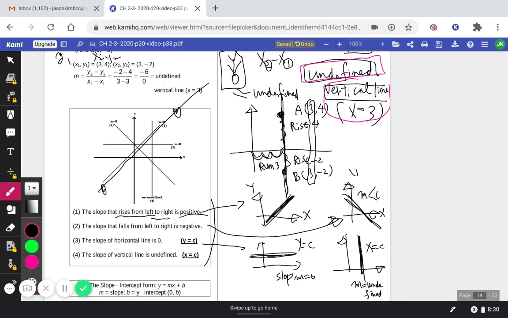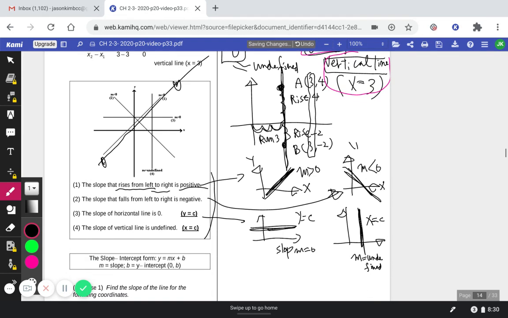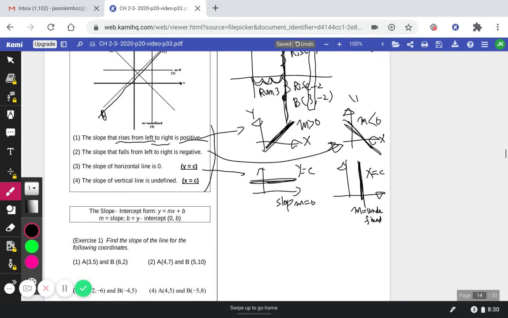M is negative, m is positive. So graphically, going up is positive slope, going down has a negative slope, flat or horizontal, slope is 0, perpendicular or vertical, slope is undefined. Okay. Anybody have any question?